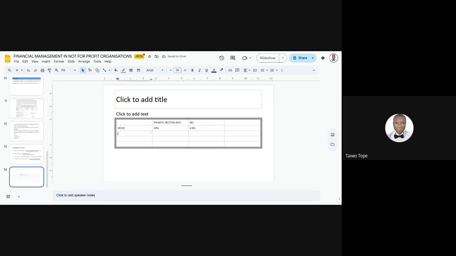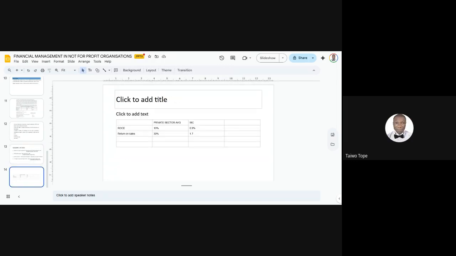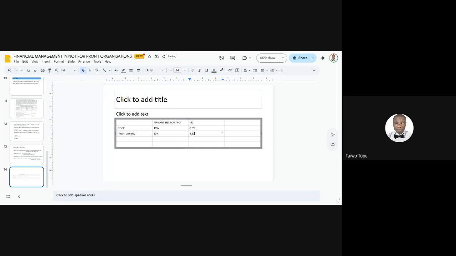Now, for net profits, return on sales. The average for private sector is what? 30%. IBC, our result is 1.67.